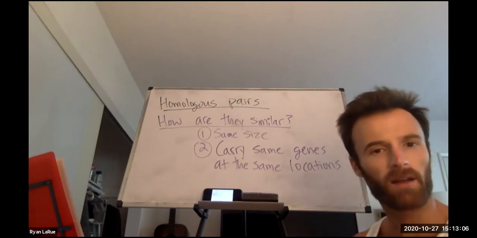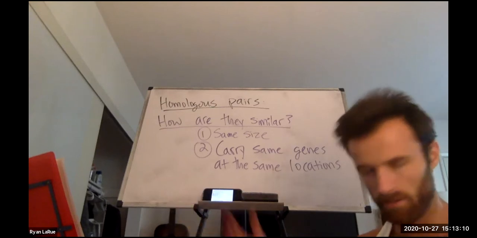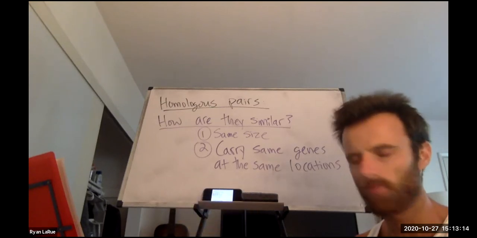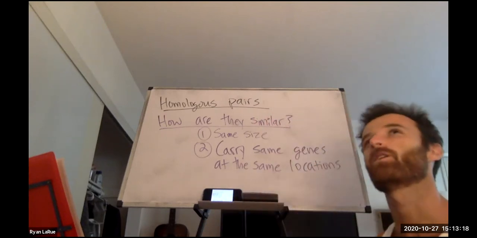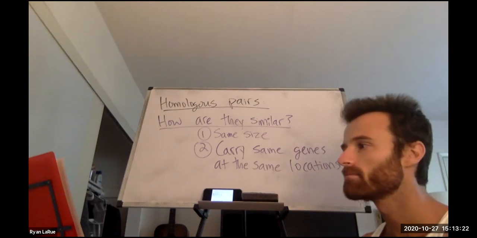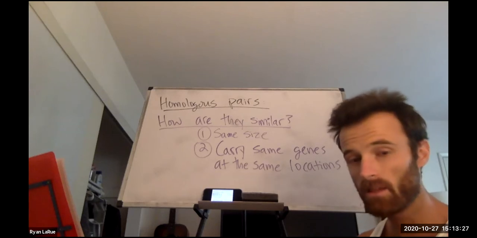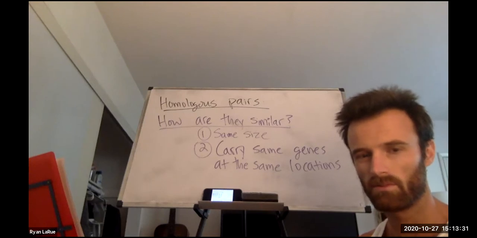The gene for hair color will be on the same chromosome as Danny, but do we have the same color hair? I'm sorry. Let me backtrack. I didn't phrase that correctly. Okay. Would you say that Danny and I have the same gene for hair color? Yes or no? Do we have the gene for hair color?